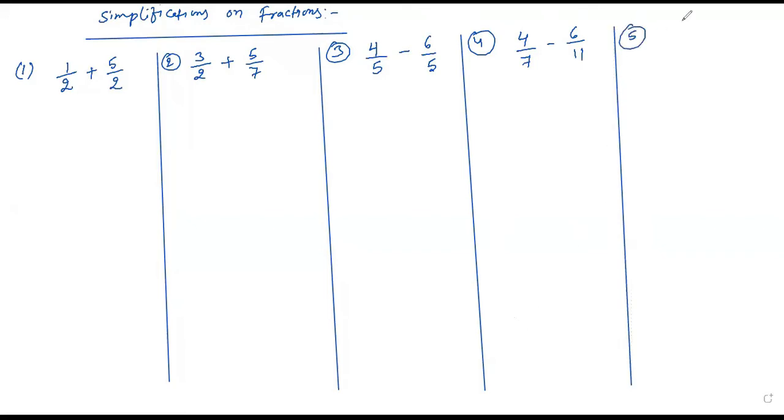Fifth type is what? 2 all upon 4 by 5 plus 2 by 3. Okay, so first I wrote these 5 different types of simplifications.